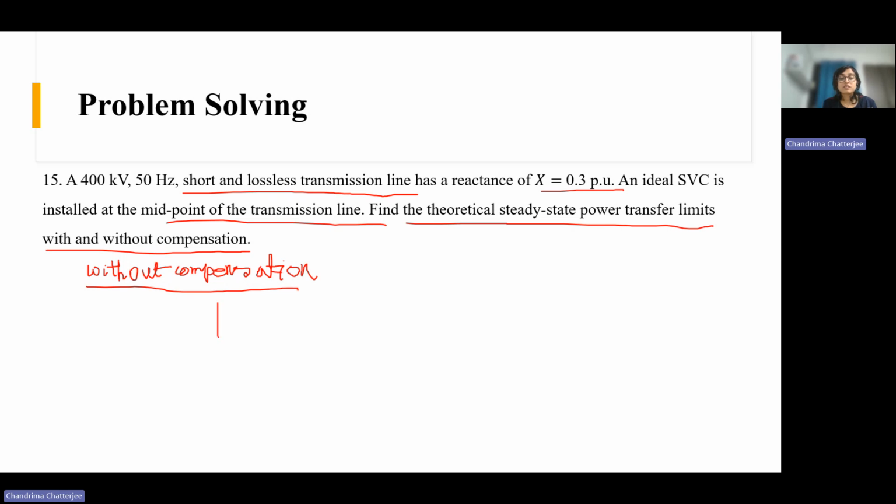What is the steady state power transfer limit? That is V square by X for a symmetrical line. We can take the system voltage as 1 per unit. So this is 1 square by 0.3.